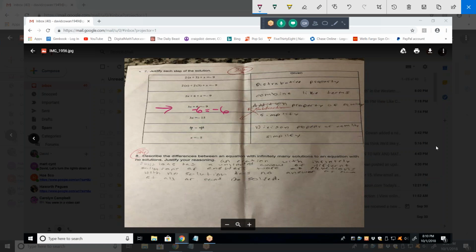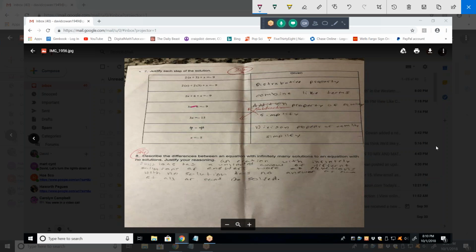That is the subtraction property of equality. If this was a minus, let's say that this was a minus 6 right there. Then you would have to add 6 to both sides, right? And then that would be the addition property.